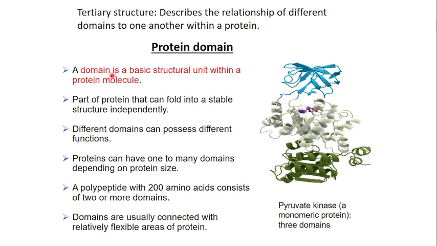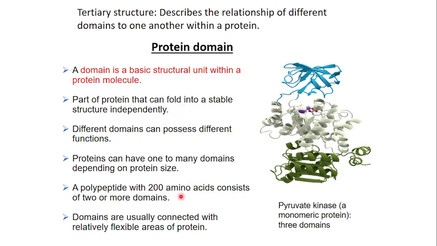Now, a domain is the basic structural unit within a protein molecule. It is a part of the protein that can fold into a stable structure independently, and this protein domain can possess different functions. Proteins can have one to many domains depending on the protein size.